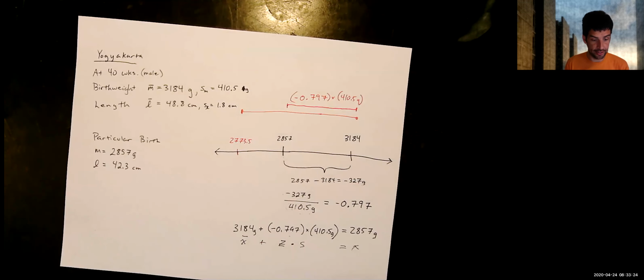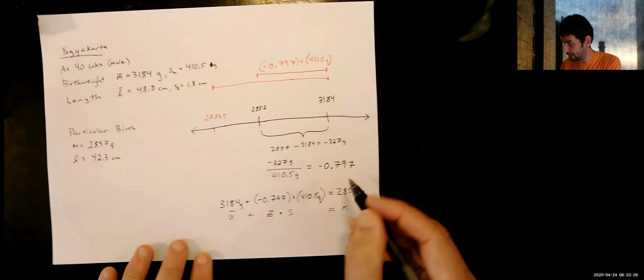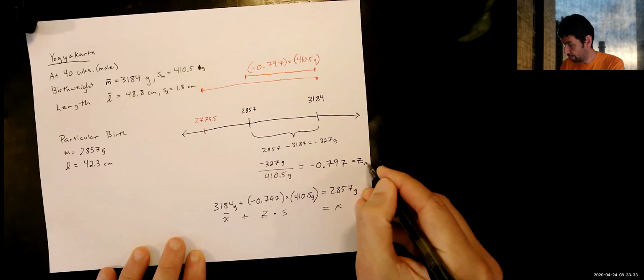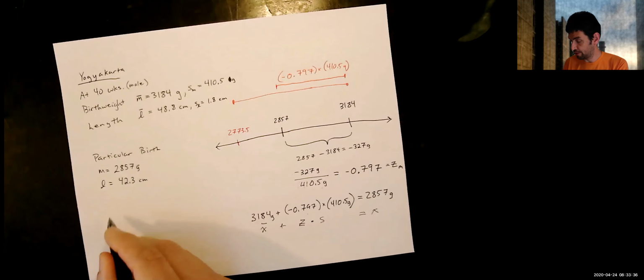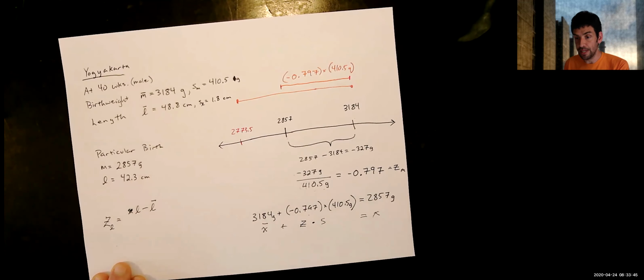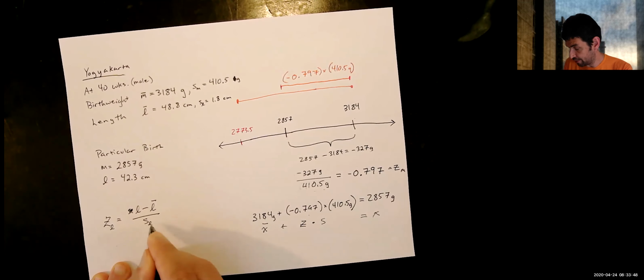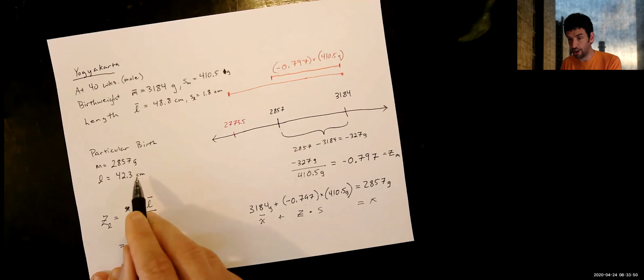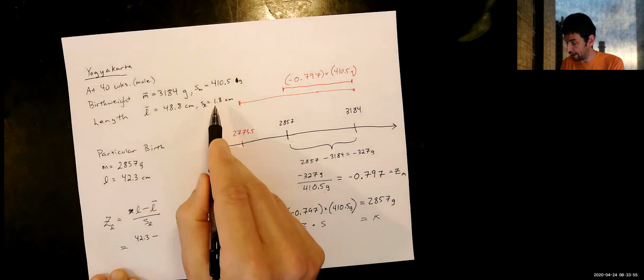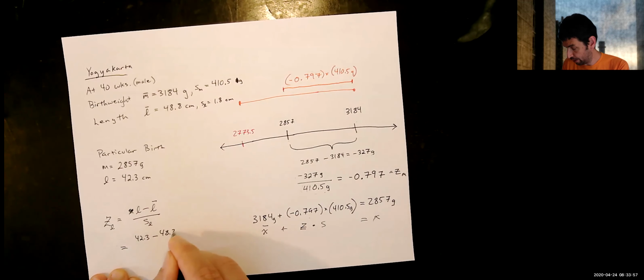Just for comparison, right? Let's compute. So right here, we have the Z-score for our birth weight. Let's compute a Z-score for our birth length. It is going to be the data, let's call it L, minus the mean divided by the standard deviation, which in this case, our birth length is 42.3 minus the average length of 48.8.